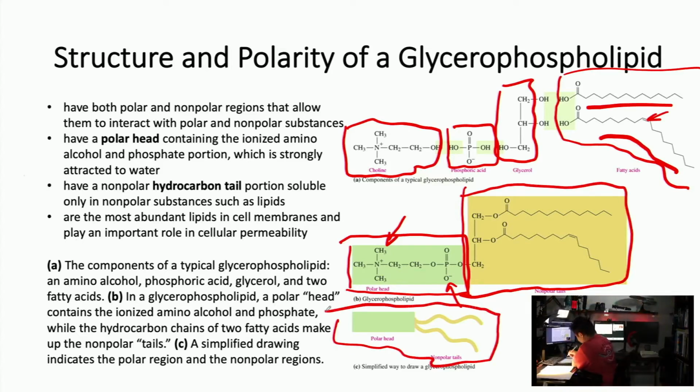And there's some implications there because since the fatty acids are nonpolar, these are what we consider hydrophobic. And since these are polar, they're definitely soluble in water, we consider these hydrophilic.